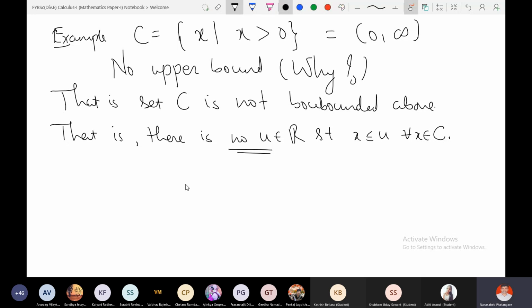No number is an upper bound. No number is an upper bound means what? Logically, you have to think logically.